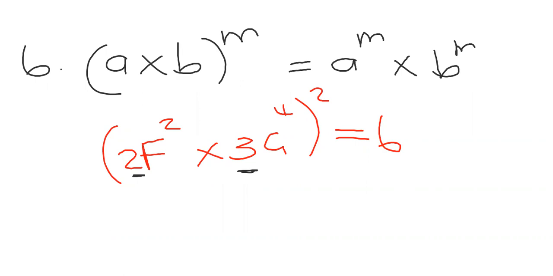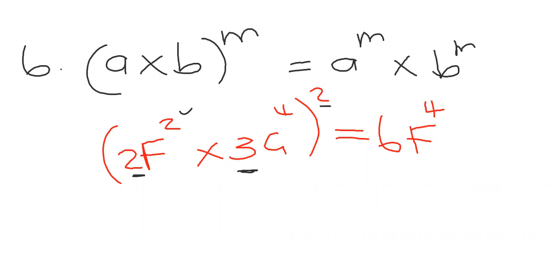Then we now have an F there. For F, there is a power of 2. So it means you're going to take that power of 2 and multiply it by the outside power. So 2 times 2 is going to give us a 4.